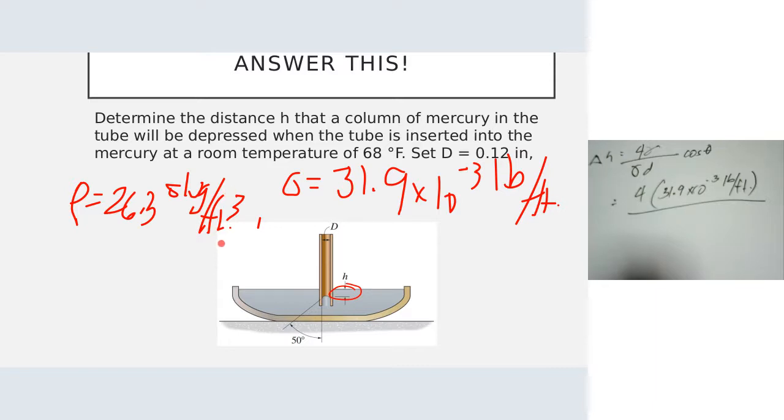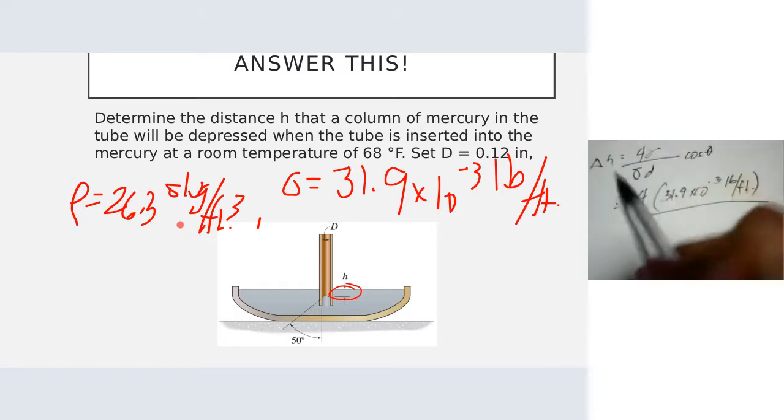We can convert this to unit weight. So, paano ba tayo mag-convert from density to unit weight? We multiply the mass density by what? Okay. We multiply the mass density by the gravitational acceleration.